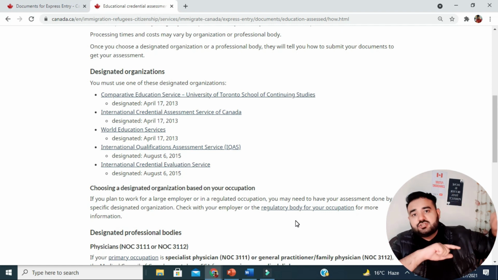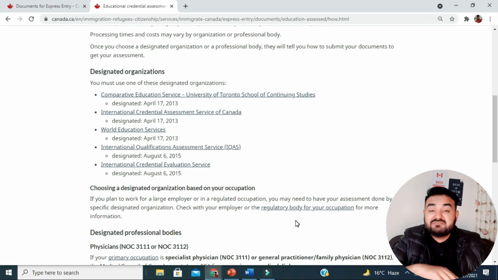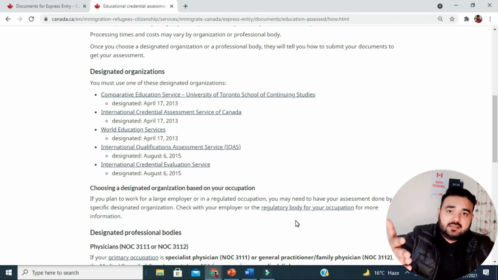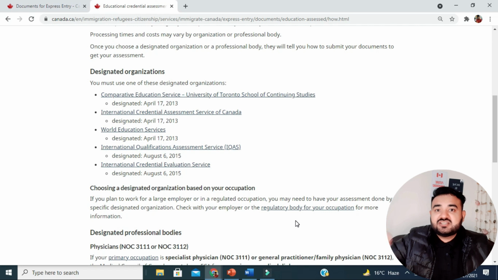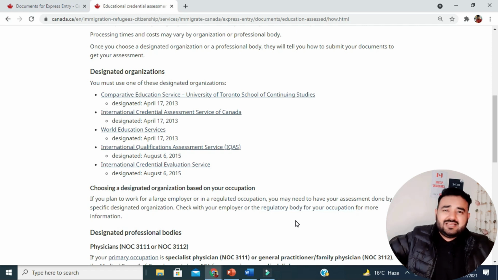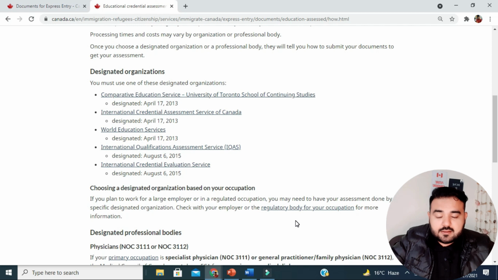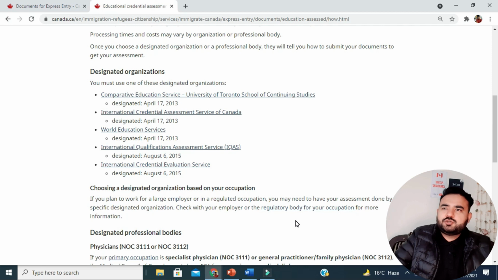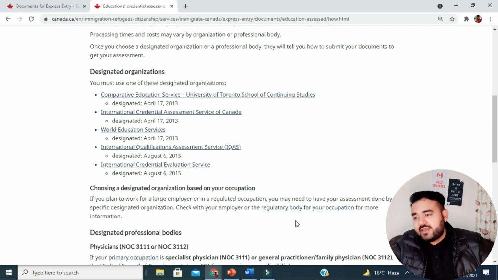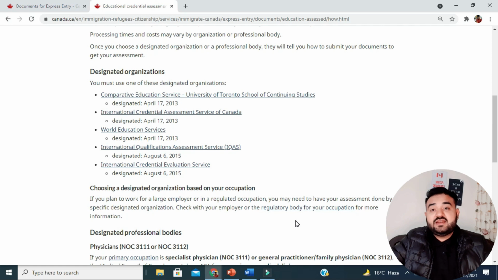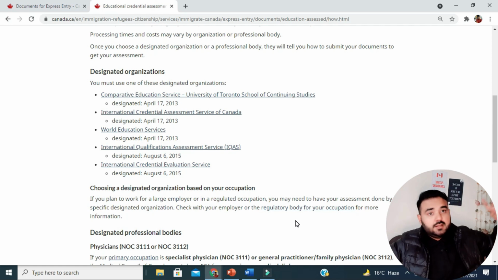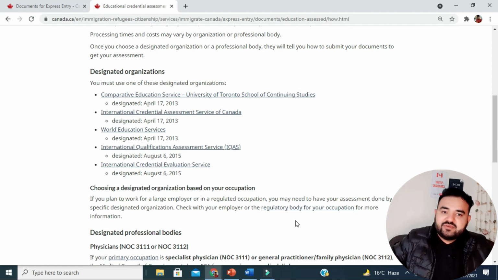So that cost that your university might charge you, or in the Pakistani case, the fee that the Higher Education Commission charges, is different from the ECA fee. It has nothing to do with the ECA fee. The ECA fee is from $210 to $220, excluding the courier fee that you might need to pay. So the ECA fee is separate, and your documentation fee from your university or from your Higher Education Commission is something different. Okay, so these were about the requirements, and I think I made everything clear.